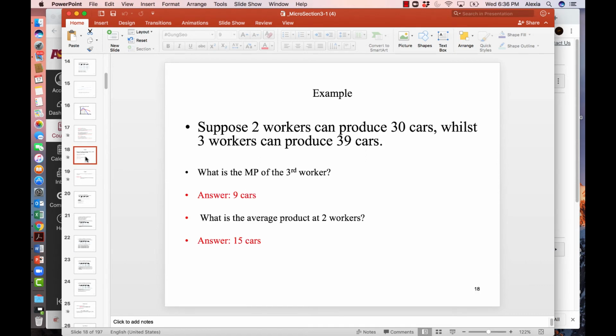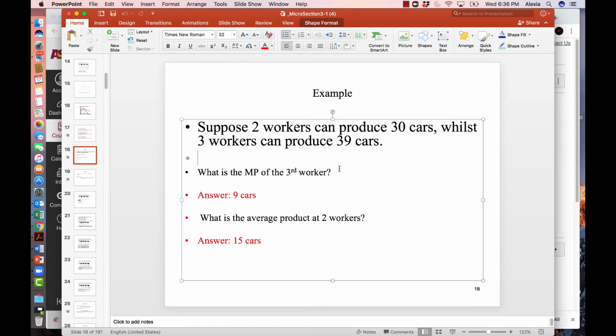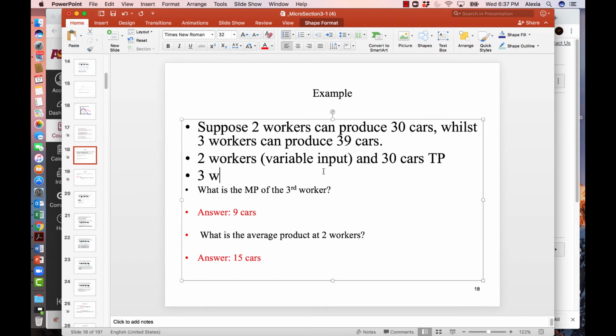All right, so let's suppose 2 workers can produce 30 cars, while 3 workers can produce 39. How would you interpret what we just did? The 2 workers are your variable input, and the 30 cars would be your total product or your output.